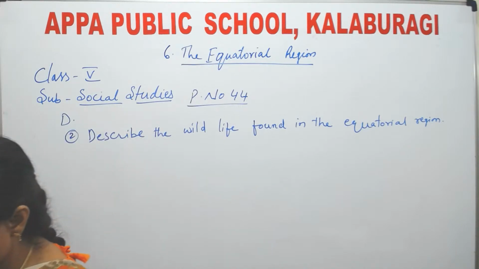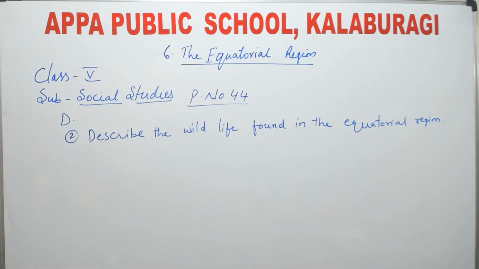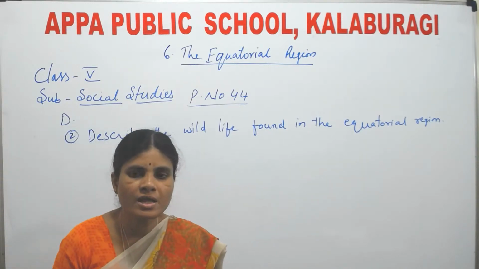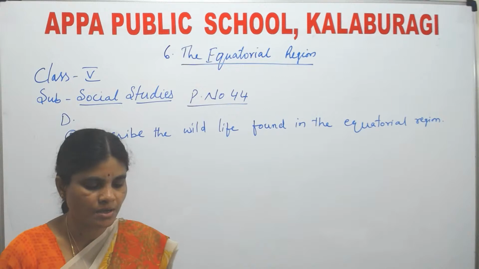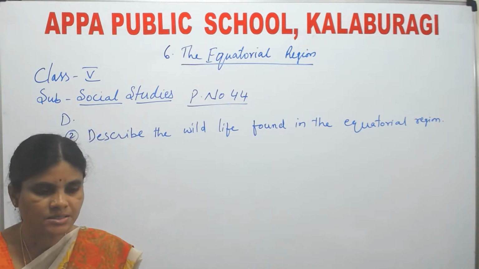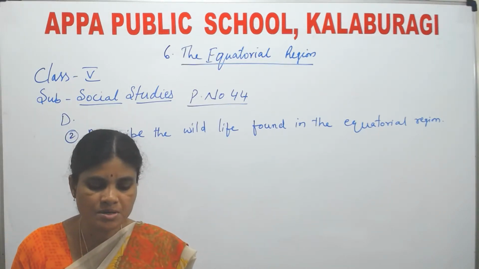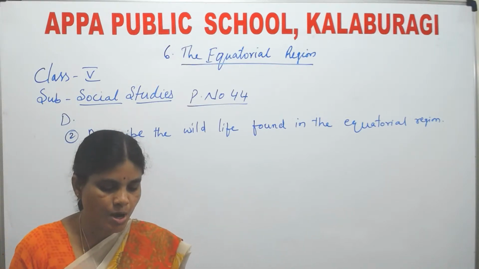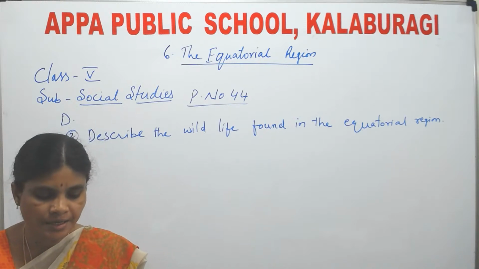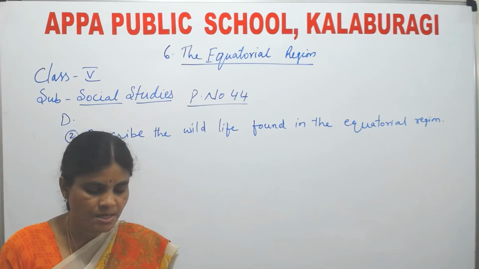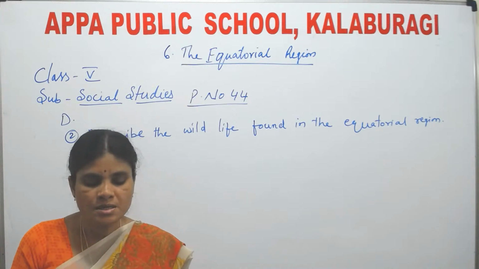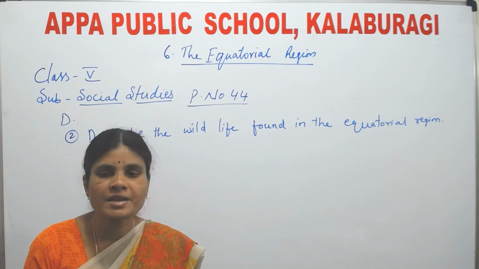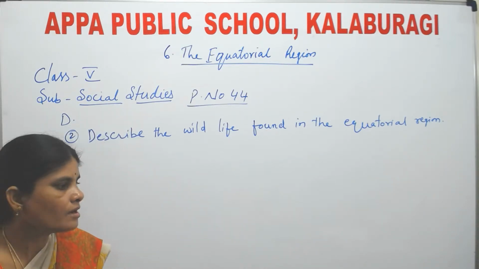Now let us see what type of wildlife is found in the equatorial region. What do you mean by wildlife? Wildlife is nothing but animals. Animals like gorillas, chimpanzees, monkeys, lemurs, marmosets, flying squirrels, bats, baboons, crocodiles, alligators, snakes, lizards, hippopotamus, jaguars, giraffe, antelope, and butterflies. All these animals are found in the equatorial region.